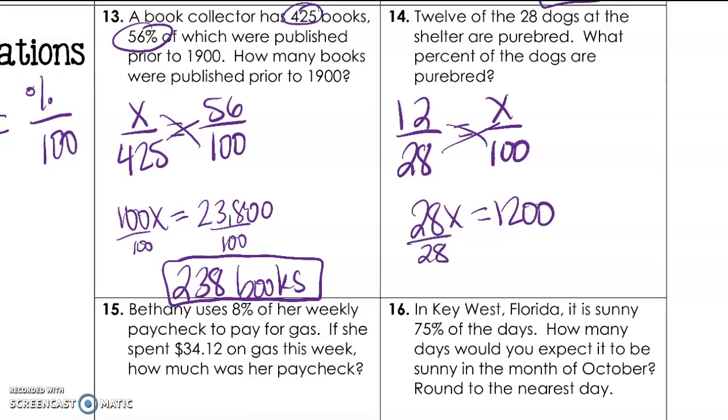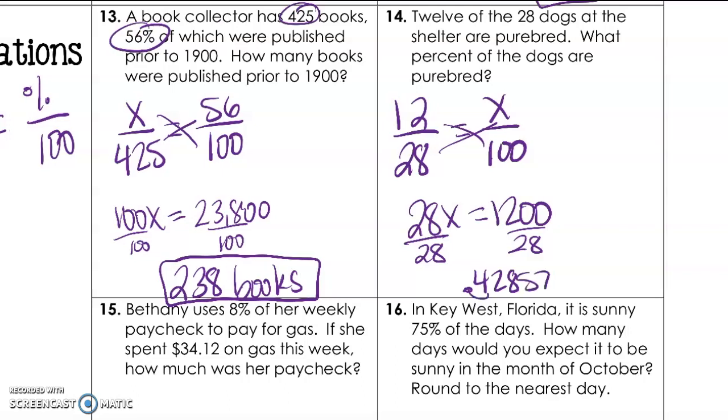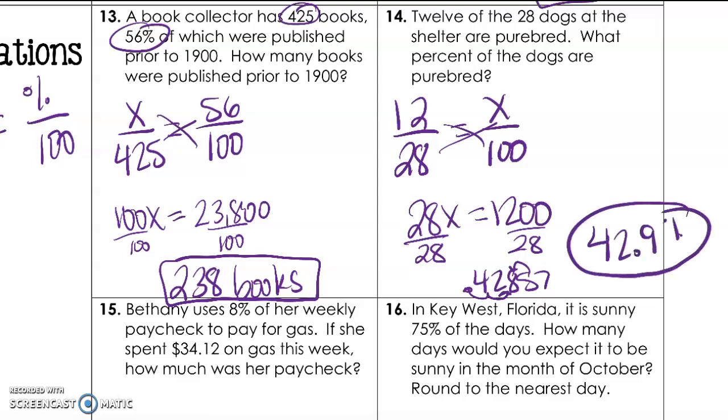You're going to divide. You are going to get a really weird decimal for this. So it's 0.42857. So we're going to move it twice. That 5 tells that 8 to become a 9. So 42.9%.